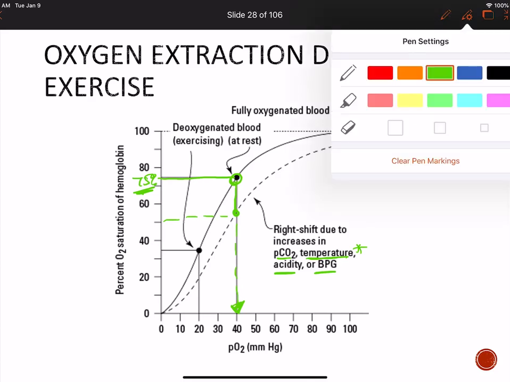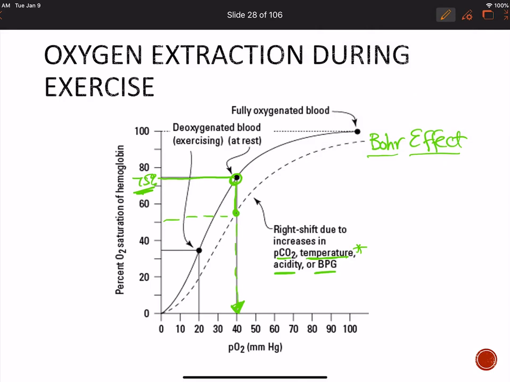But it gets even more dramatic with exercise because you have the Bohr effect plus you have a drop in the partial pressure of oxygen at the muscle. So you have a decreased affinity plus you're shifting over into these lower partial pressures because you're burning through oxygen as you're making ATP.